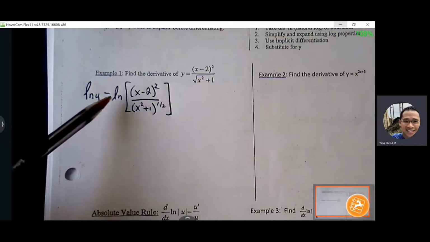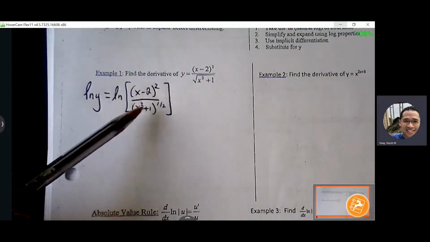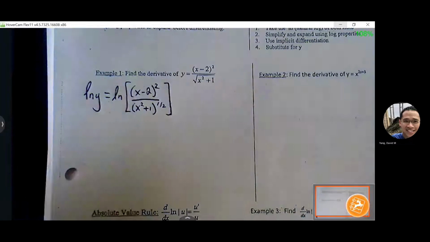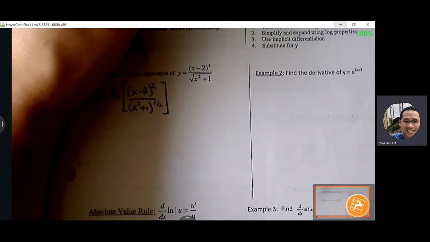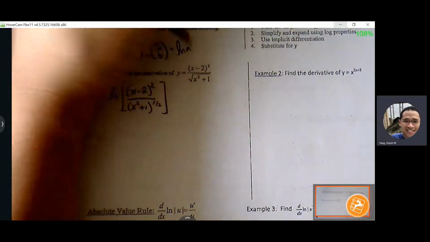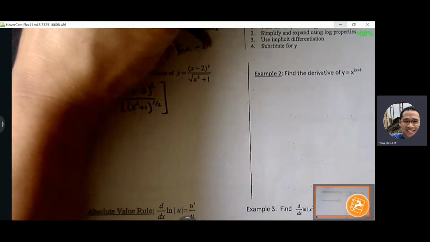What does that look like to you? Natural log of a over b, right? Which property can I use for that? Quotient property, right? Natural log of a over b can be expanded into what? Yeah, natural log of a minus natural log of b.